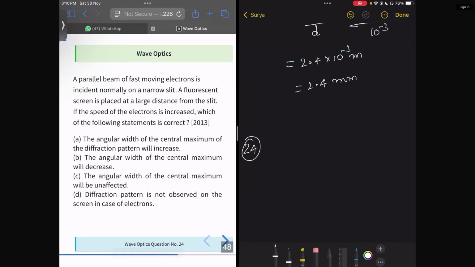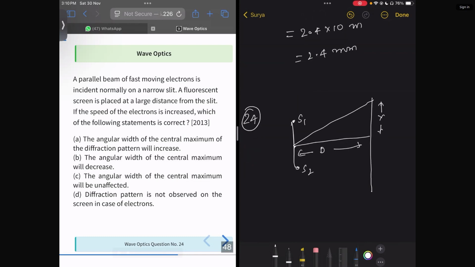So there is a screen here. There are two sources S1 and S2. It's a middle point. This is D, this is Y. So angular width is Y by D, right?